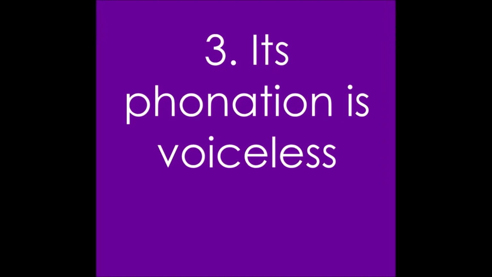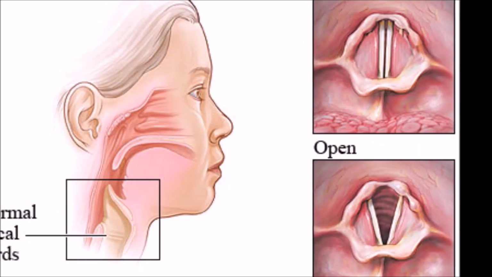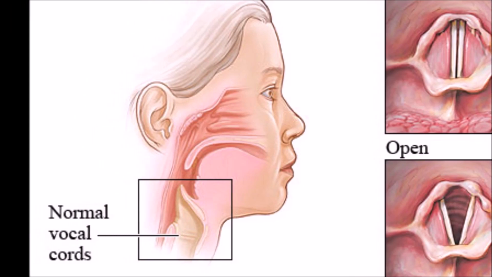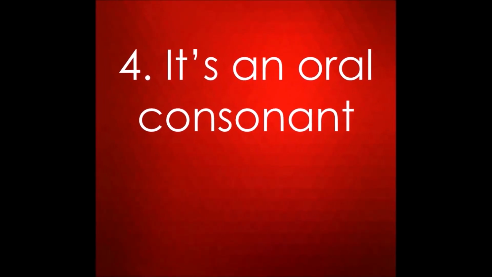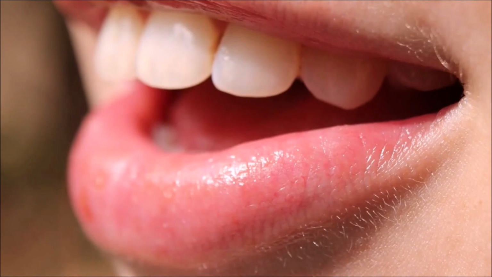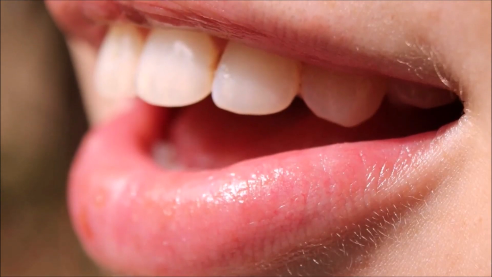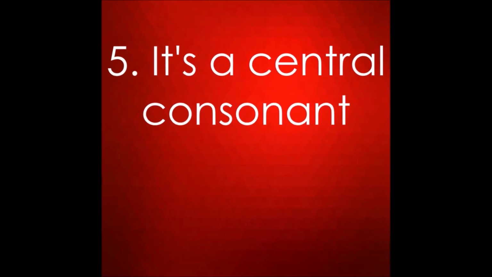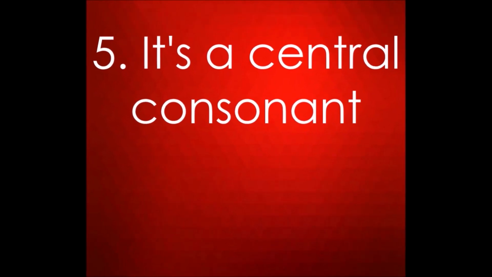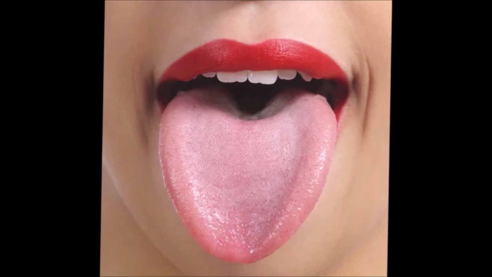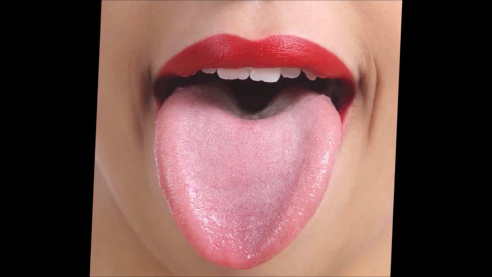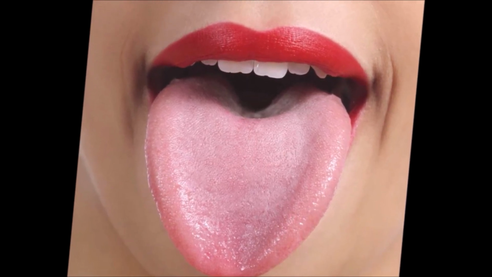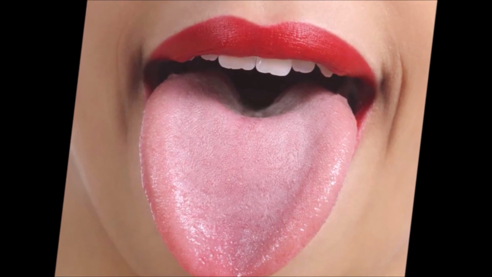3. Its phonation is voiceless, which means we say it without vibrating our vocal cords. 4. It's an oral consonant, and that means we allow air to escape through the mouth only. 5. It's a central consonant, which means we produce it by directing the airstream along the center of the tongue rather than to the sides. 6.